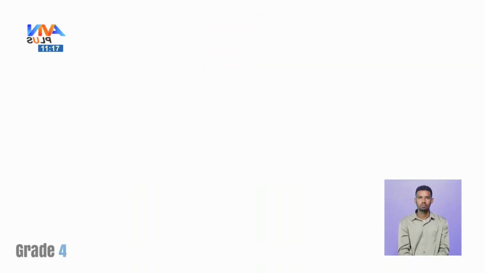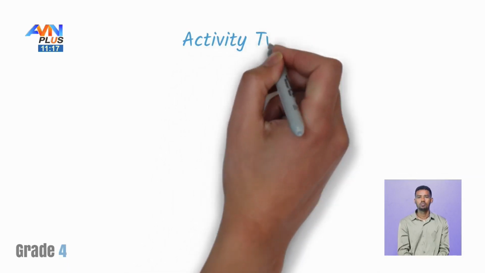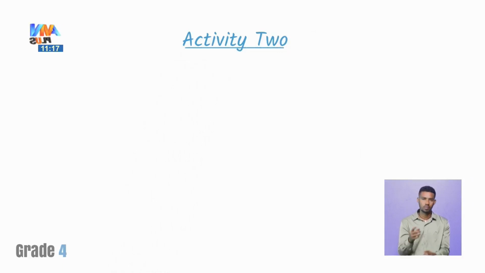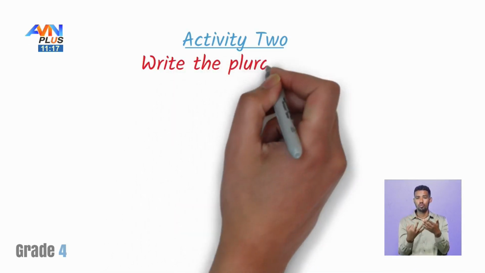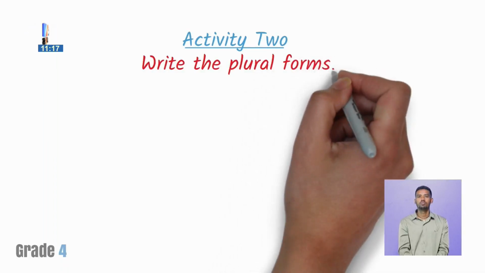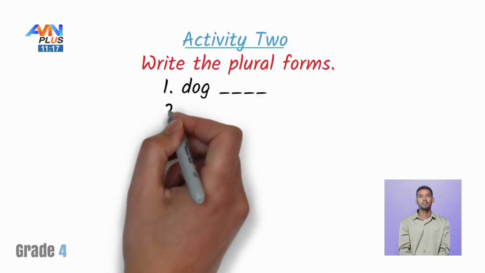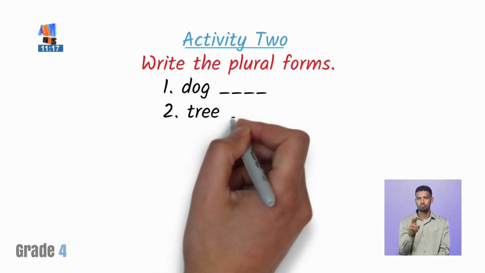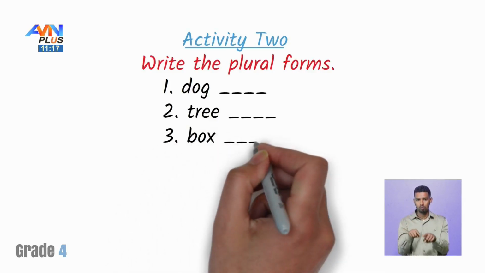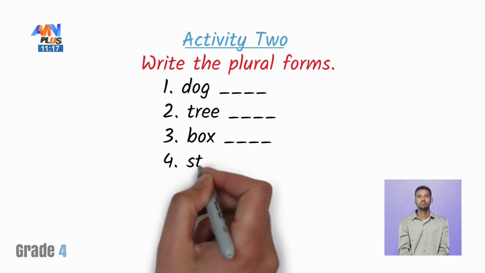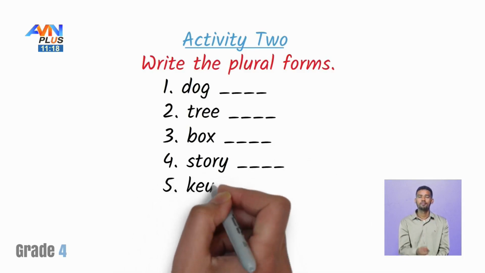Let me add one more. Write the plural forms. 1, dog. 2, tree. 3, box. 4, story. 5, key.